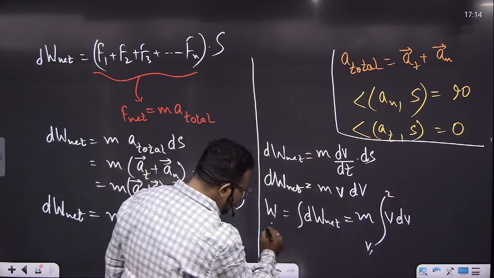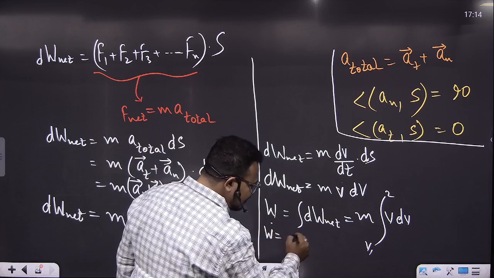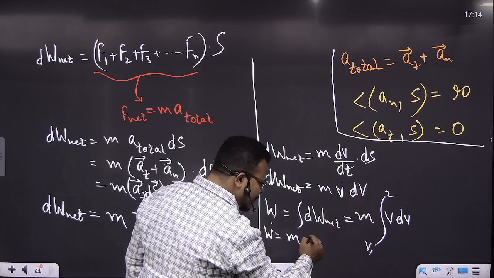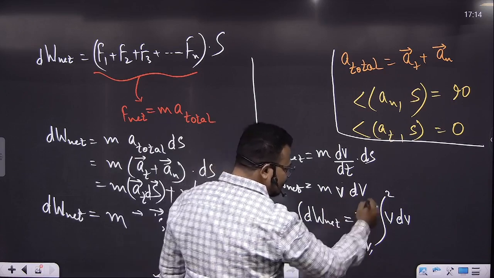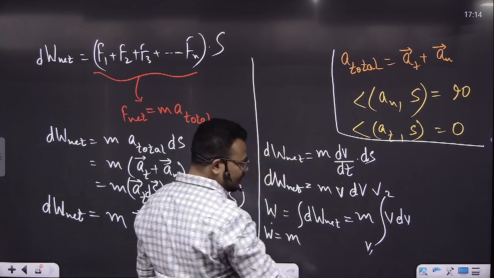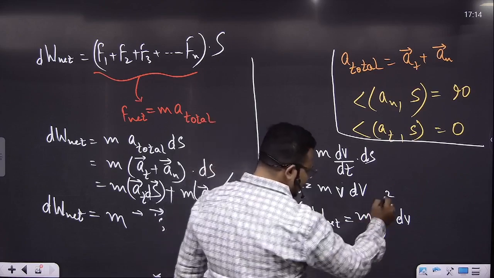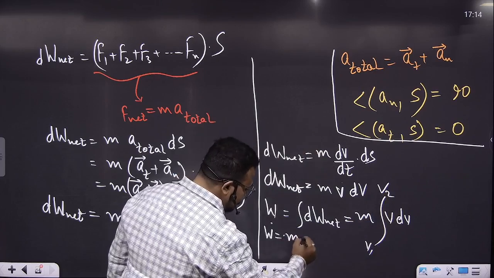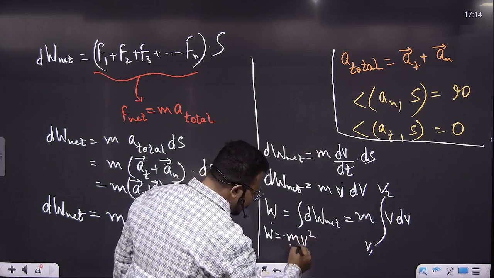So work done equals M into v square by 2, ranging from v1 to v2.